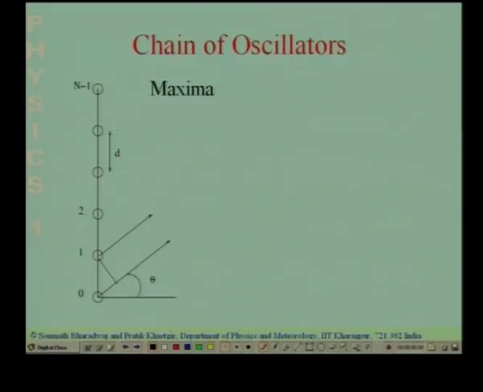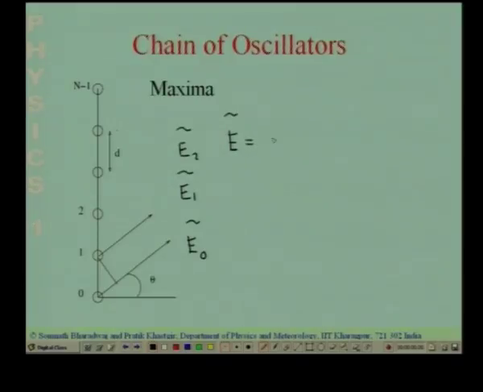So, I am going to use E0 to denote the radiation that is going to be received from the 0th oscillator, and then I am going to call the radiation that will be received from the first oscillator E1, and similarly the radiation that will be received from the second oscillator is going to be E2. So, the total radiation that is going to be received by a distant observer at an angle theta, or at any other angle for that matter, is going to be the sum of all of these.